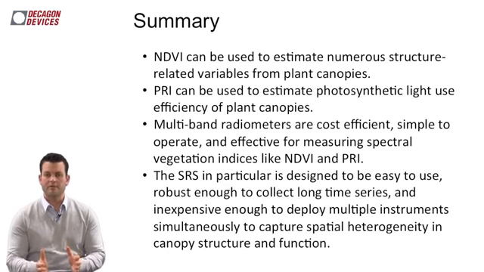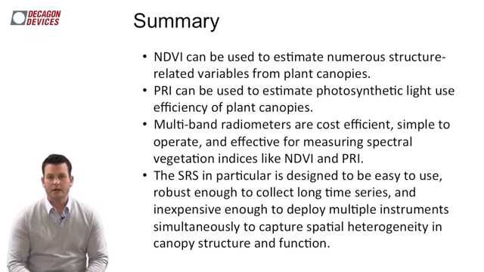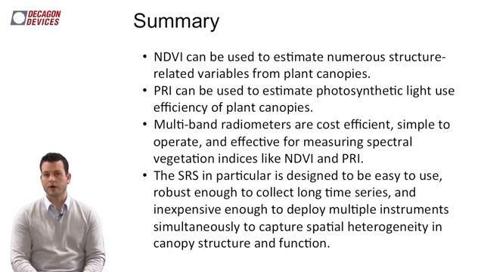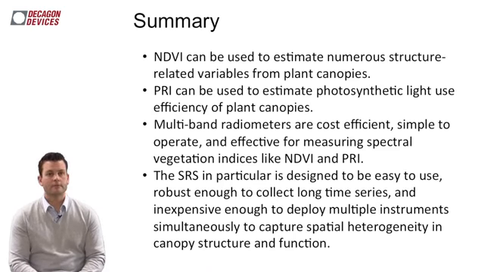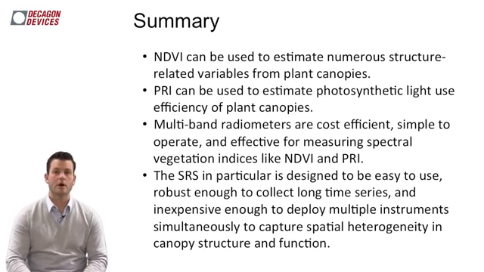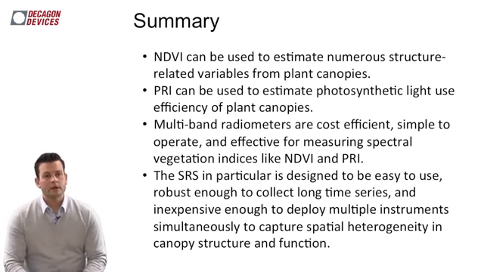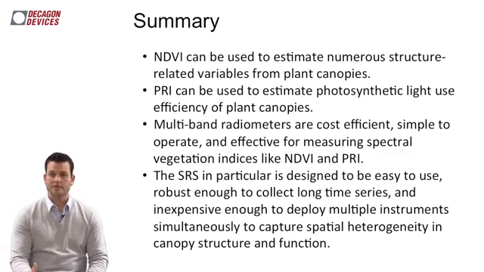For just measuring the NDVI and PRI, multi-band radiometers are really all that's required if we already know the vegetation indices of interest before we begin our experiment. And in this case, I think that the SRS provides a very nice multispectral, multi-band radiometer for these purposes.